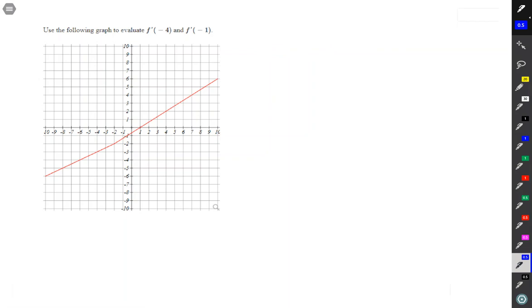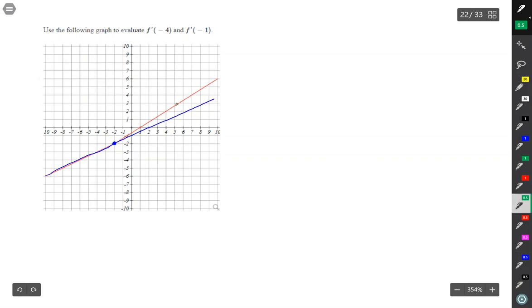Looking at this function, it's linear, but if you'll notice right about here, the line changes slope. So this line right here is slightly less sloped than it is for this part right here. Okay, so there is kind of this like separation, so let's keep that in mind.